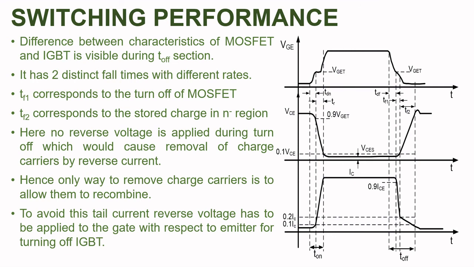Hence, whenever we are going to design the gate drive circuit for IGBT, we need to keep in mind that the gate of IGBT should always be reversed while turning off. Only zero voltage should not be applied to the gate of IGBT for turning it off.